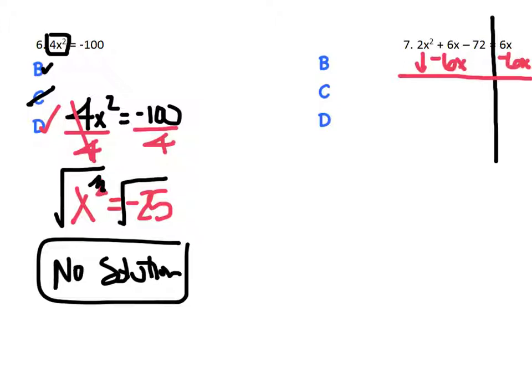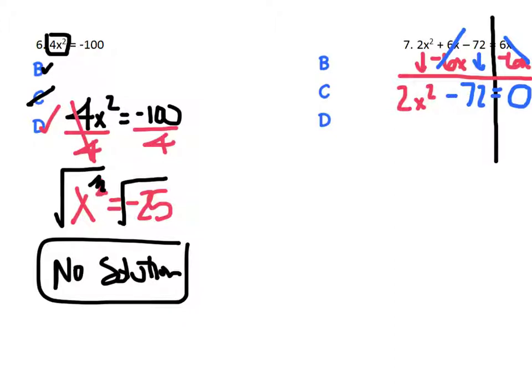Notice I bring down the 2x squared. I notice that the 6x plus the negative 6x cancels out. I bring down the negative 72 equals, again, 6x minus 6x cancels out. I can't have nothing there, so I put 0 because that's what 6 minus 6 is, 0.